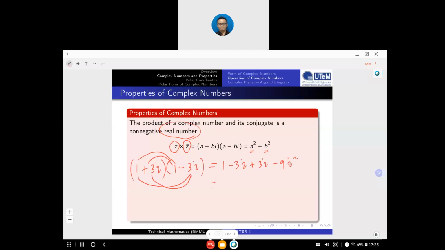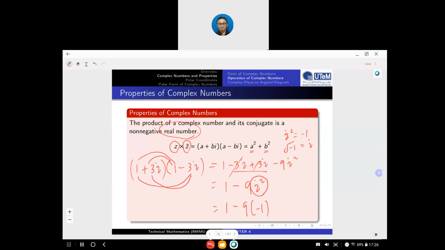Look at the table. If you have i to the power of 0, you get 1. i to the power of 1, you get i. i to the power of 2, because we know that square root of negative 1 equals i.